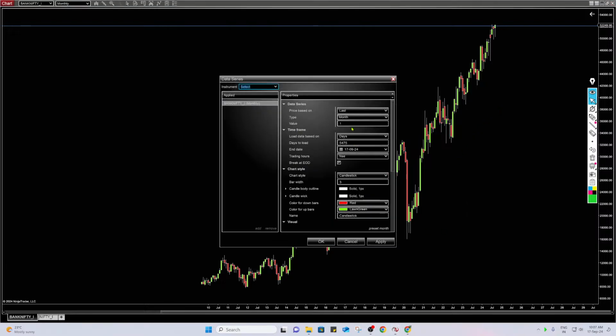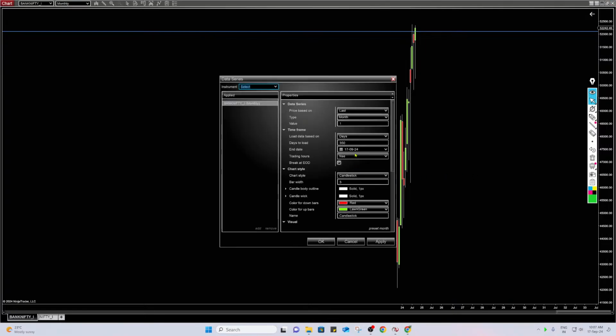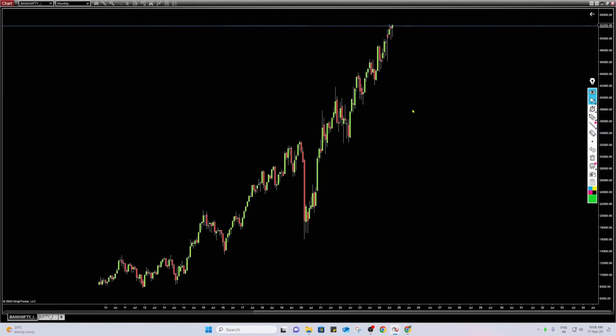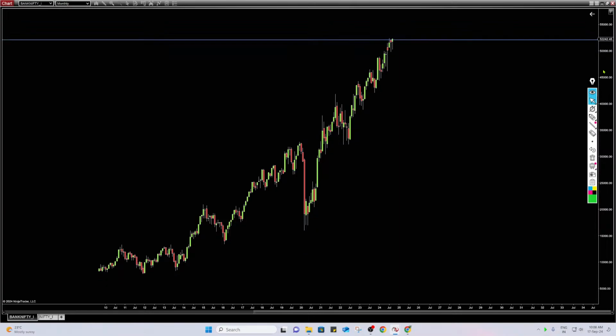Data series. So this is the maximum what the chart is showing.